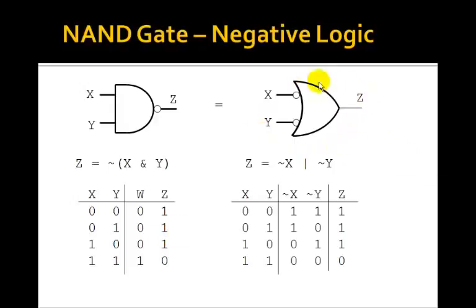Now let's look at this OR gate with active low inputs and active high outputs. Thinking negative logic, a 0 is true and a 1 is false for the inputs, but for the outputs, a 0 is false and a 1 is true. So the inputs are active low, therefore this is really true, true, and the output is true.